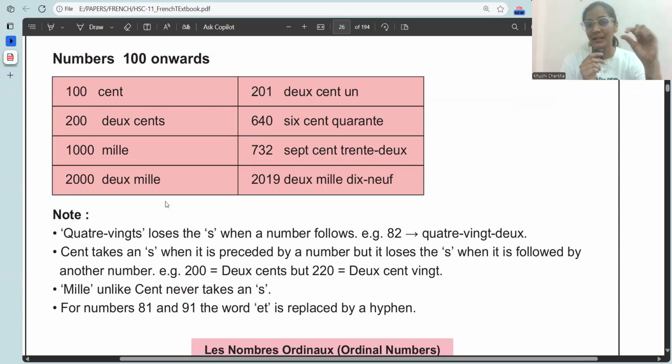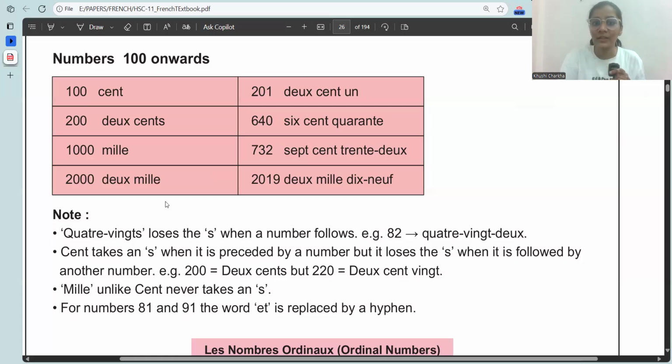If there is a number given like 200, 300, 400, 500, 600, 900, and so on, there you are going to use S: 200s, 300s. But if it is 200 plus some number, suppose just like 201, there you are not going to say 200s and 1. There you are going to say only 201.